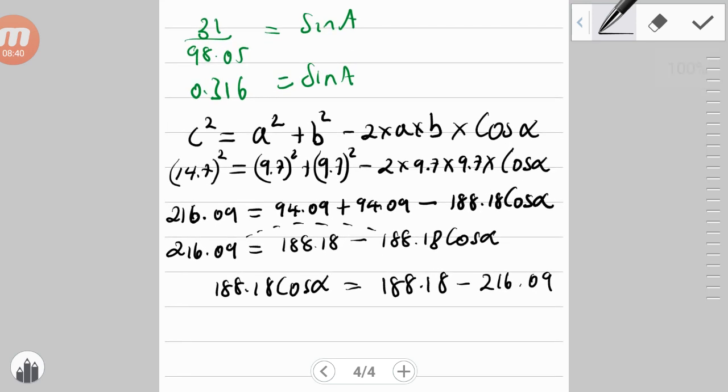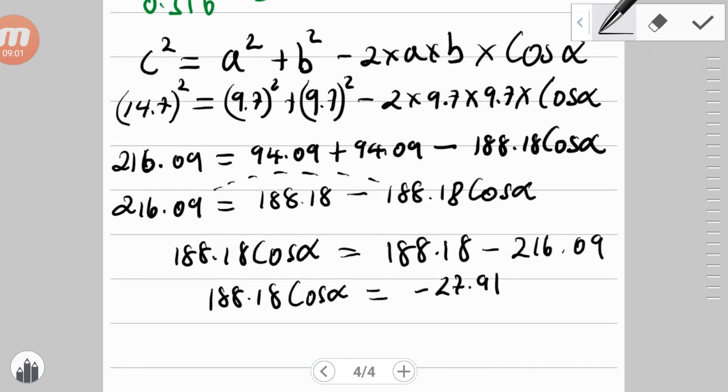So 188.18 cosine alpha is equal to 216.09, and we end up with negative 27.91.